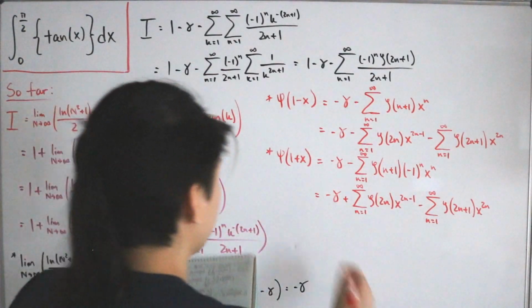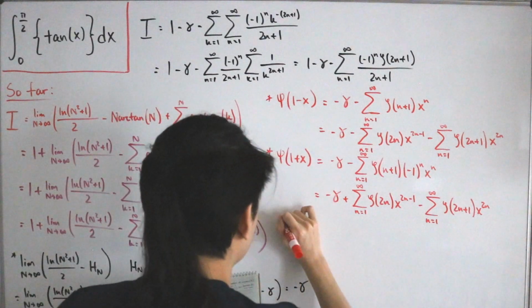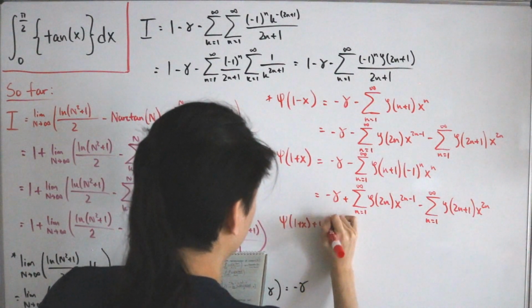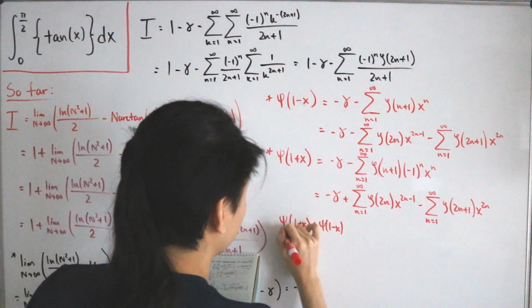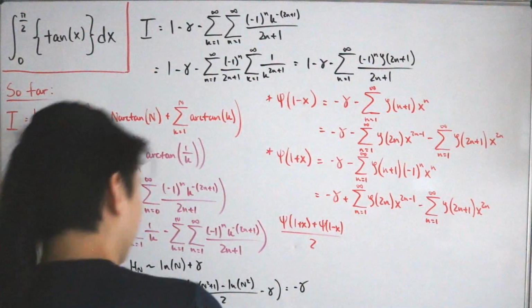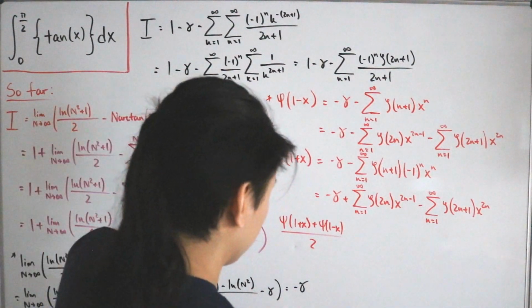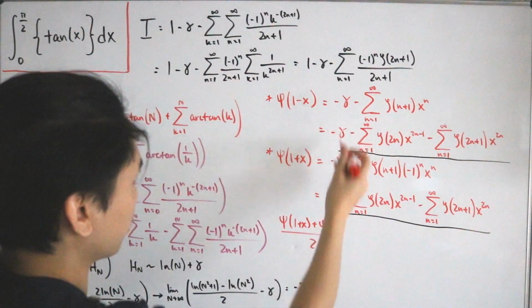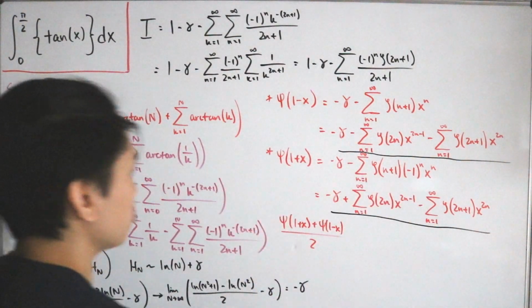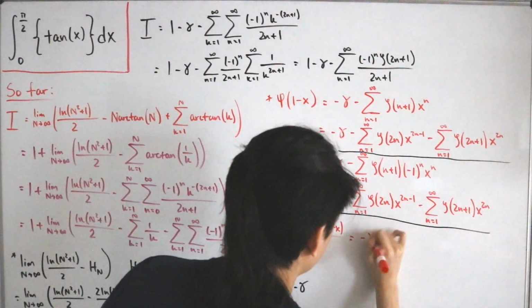What's nice is that now I'm going to combine these two together and then divide by 2. So the Digamma of 1 plus x, plus the Digamma of 1 minus x, divided by 2. Let me underline this so you'll see where I'm going with this. Adding these two together, the lowercase gammas give minus 2 gamma divided by 2, which leaves us with a negative gamma.